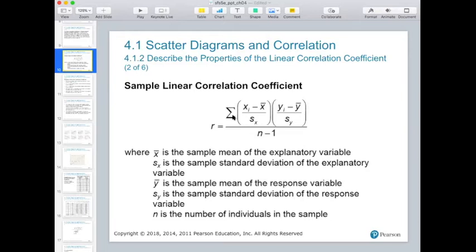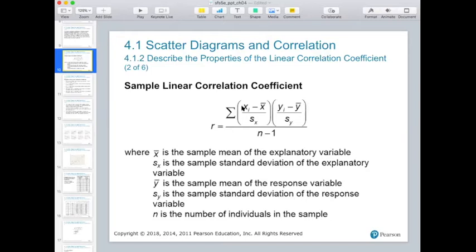So you've got an X and a Y. So the value minus the mean over the standard deviation, times the value minus the mean over the standard deviation for the other variable. We're supposed to add all of those together.